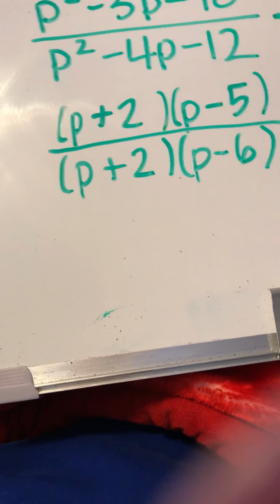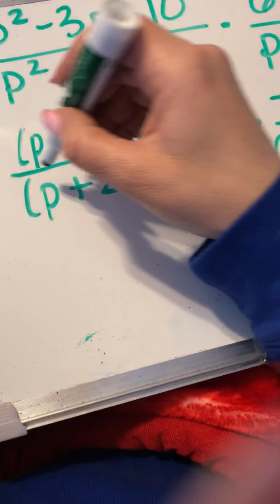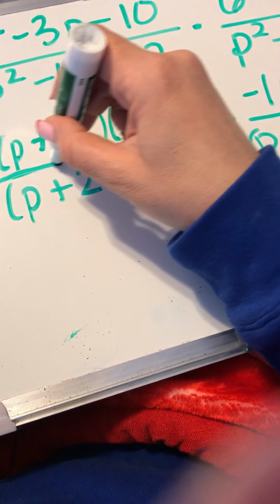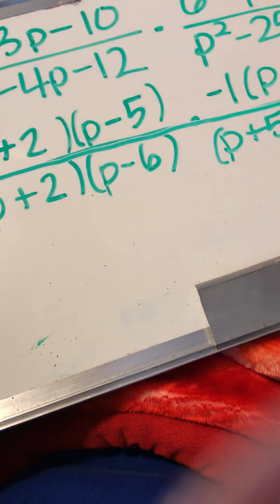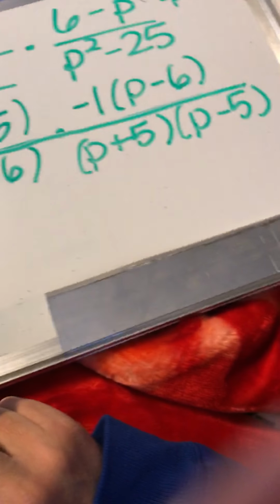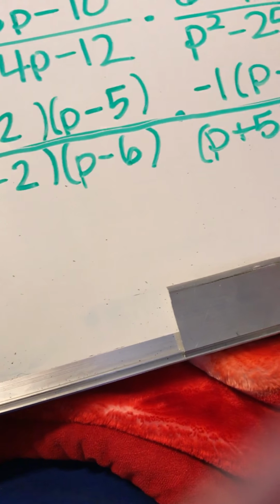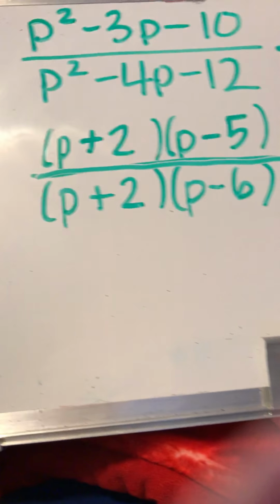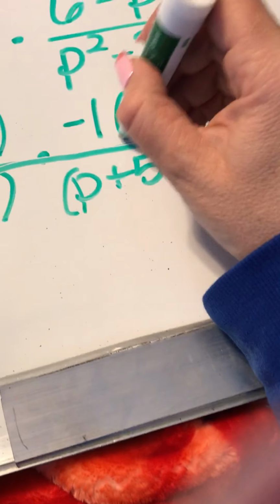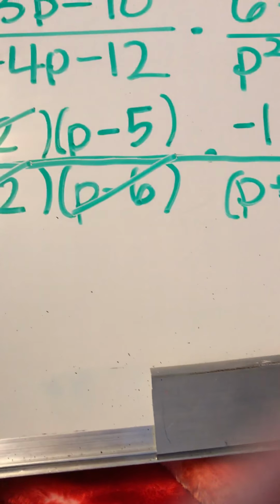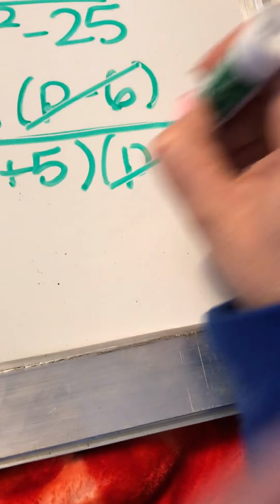When you multiply fractions, you just multiply straight across, so everything would be on the same line. Now I look for factors in the numerator that are also in the denominator. I see P plus 2, P minus 6, and P minus 5.